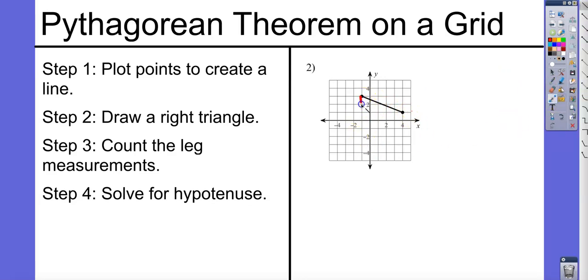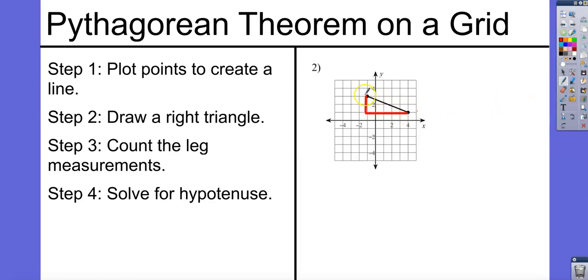So straight down and straight across. Okay, remember that the line they give you, the first line we had there, will always be side C. And then I'm going to count the squares. Remember, I like to highlight them in different colors just because it helps you guys see how I'm counting the squares and where I'm getting that number from.